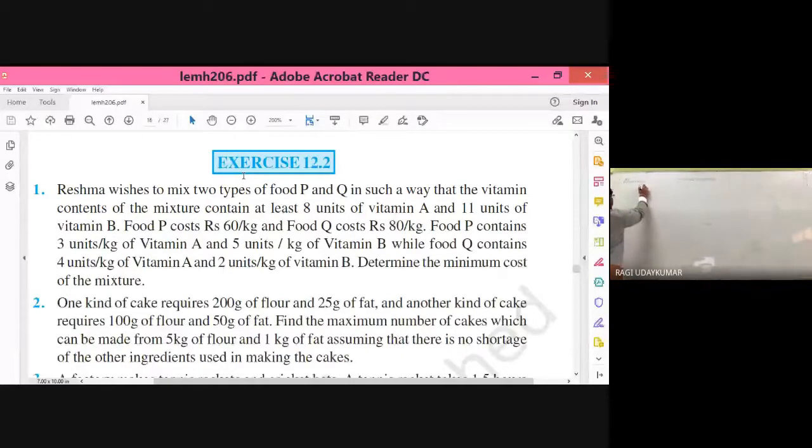So this is the question given to you. I am going to represent this question in a tabular form so that the solution will be a little bit easy for you.